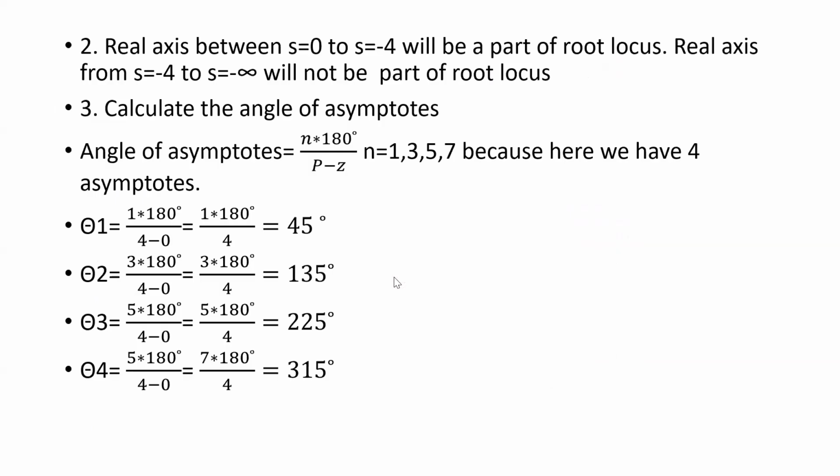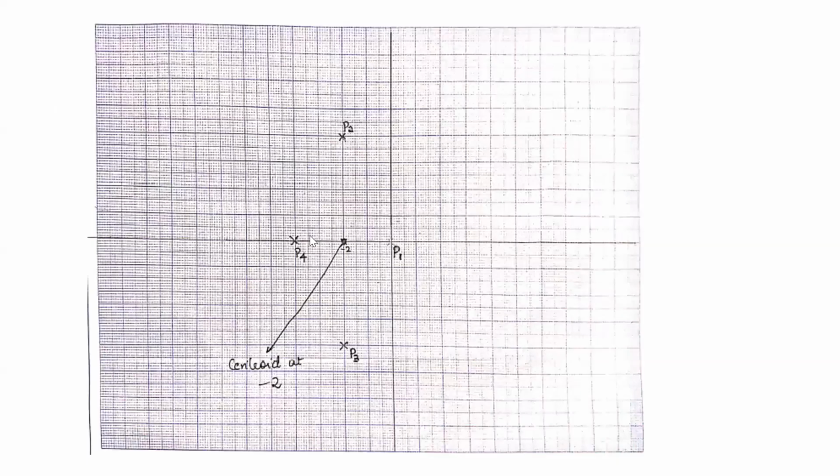Next we have to mark the region of the root locus. If you look at this, this region is the region of root locus. How do we find whether it is a region of root locus? We have to consider a test point. Let us consider a test point here.